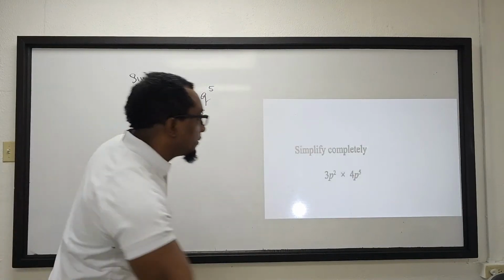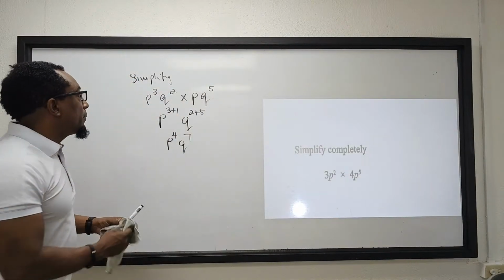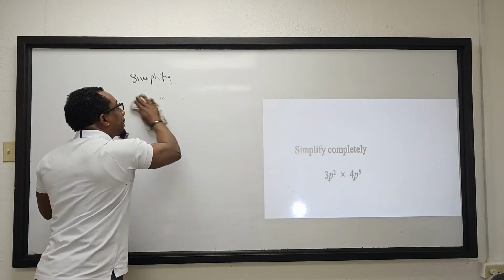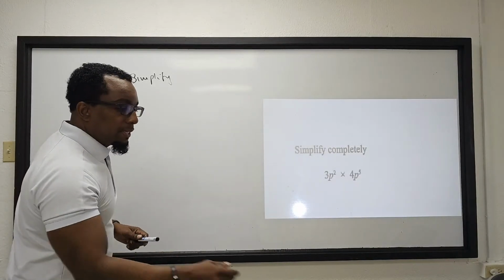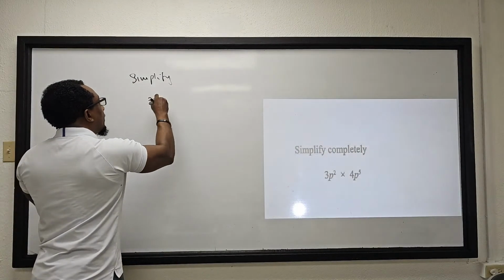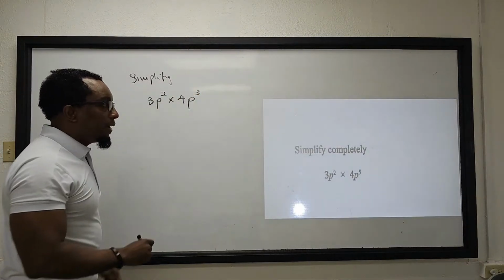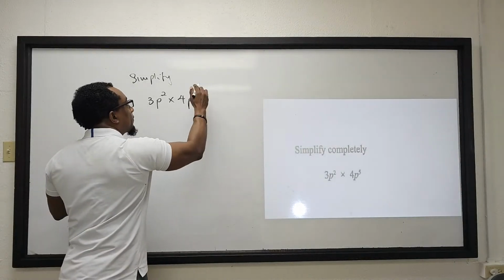Let's look at another simple multiplication again. We want to simplify 3p squared times 4p to the power of 5.